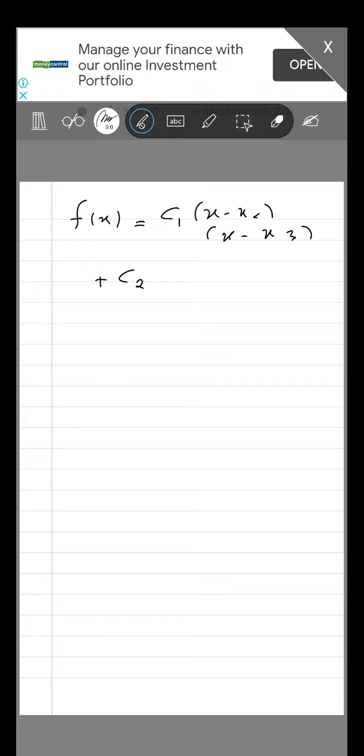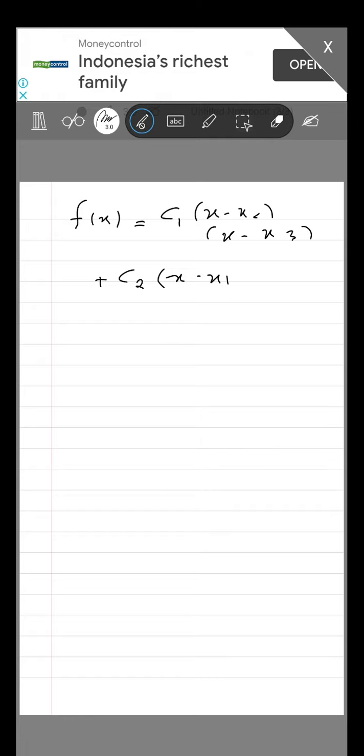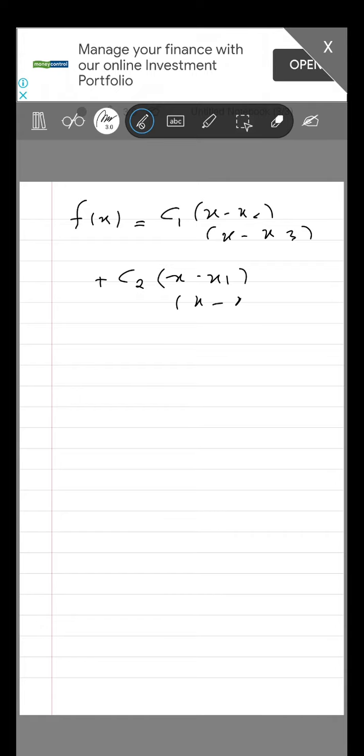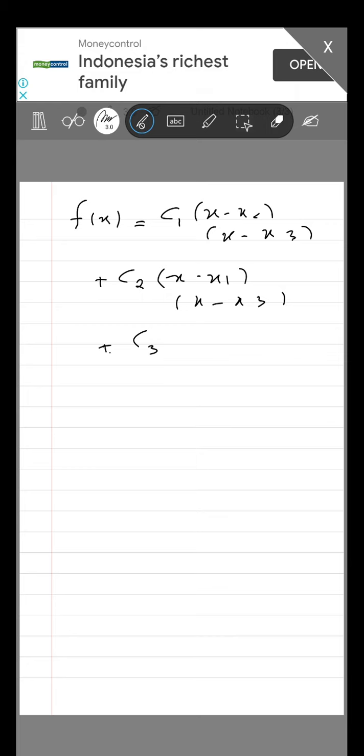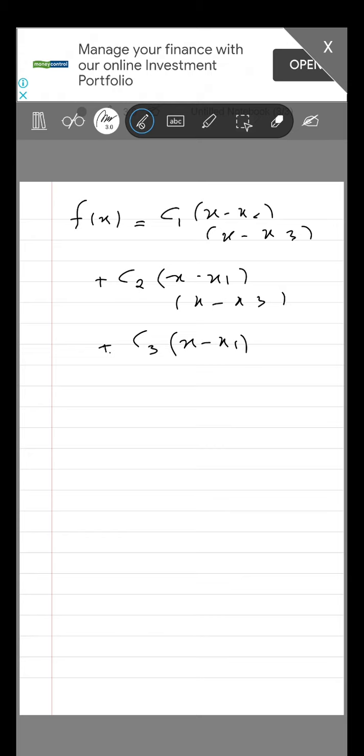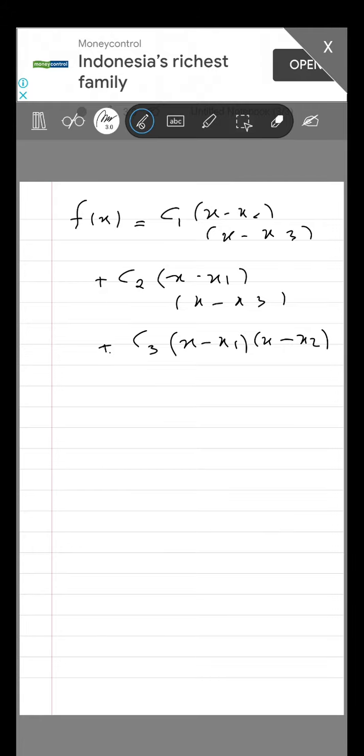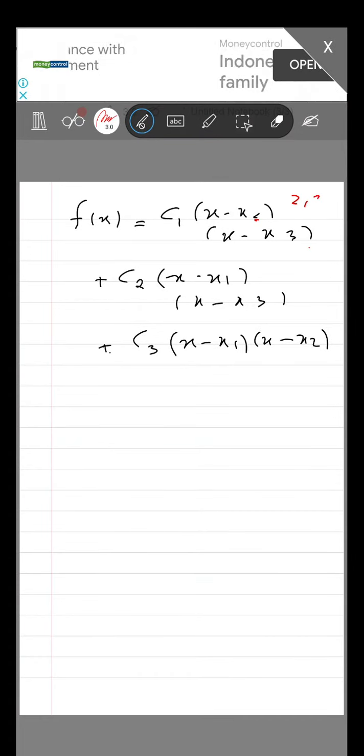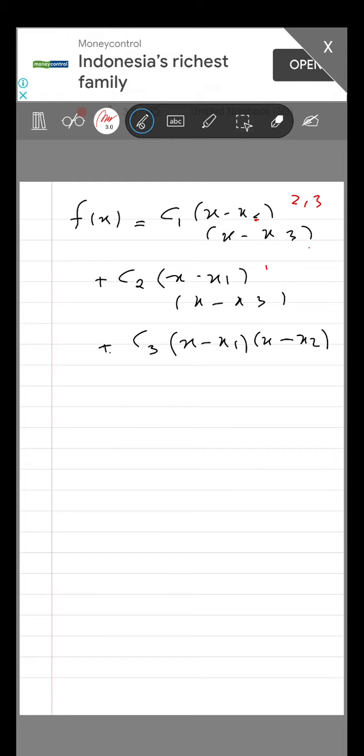Plus c2 (x minus x1) into (x minus x3), and plus c3 (x minus x1) into (x minus x2). So it is x2 and x3 here, this is x1 and x3, and this is x1 and x2.